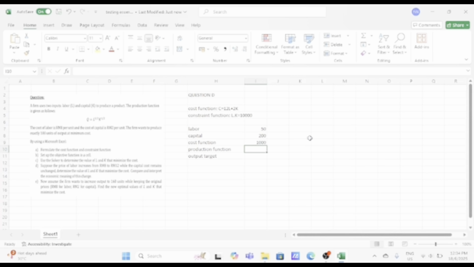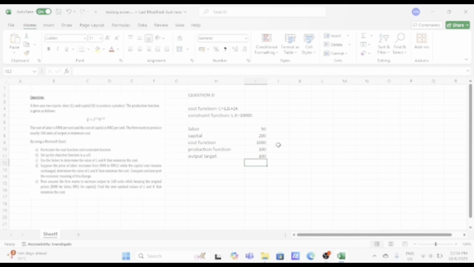To find the production function, we click equals square root of labor times capital, and the output target is 100.